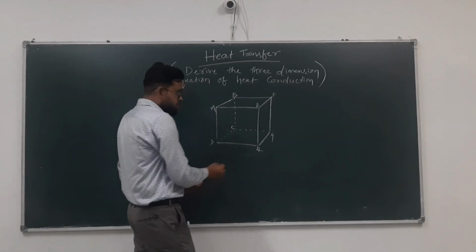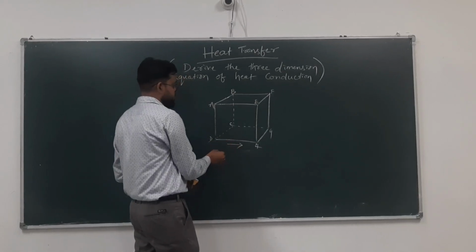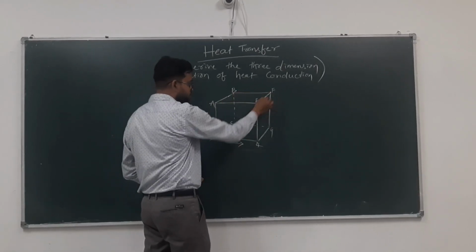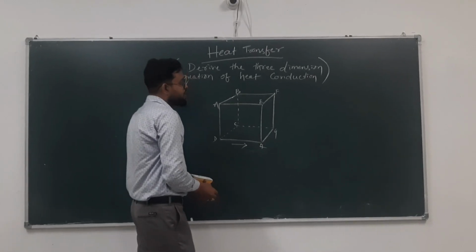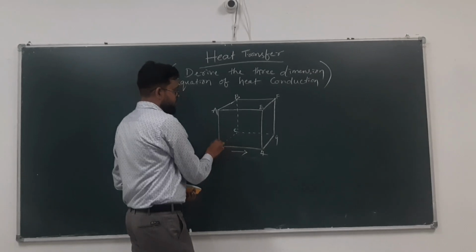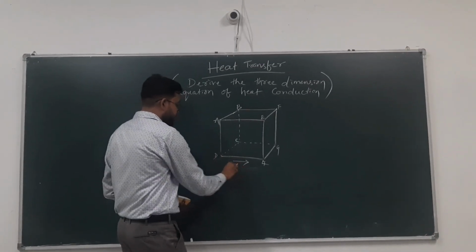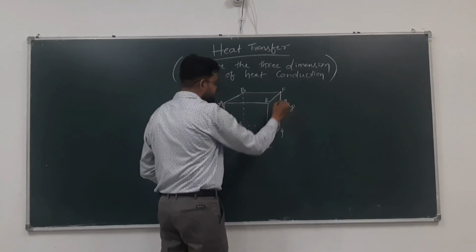Here the x-axis is BH or AE or BA or CG. So the planes related to x are ABCD and EFGH. Similarly, this one is y-axis.